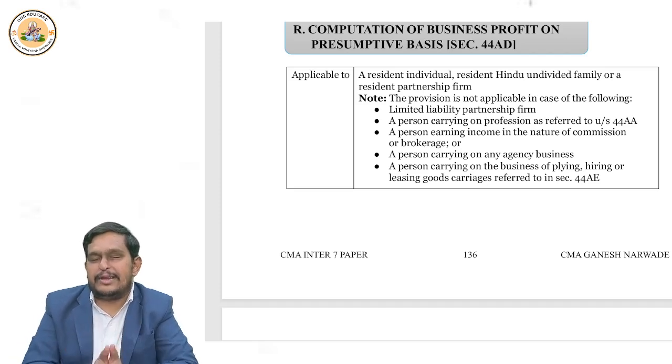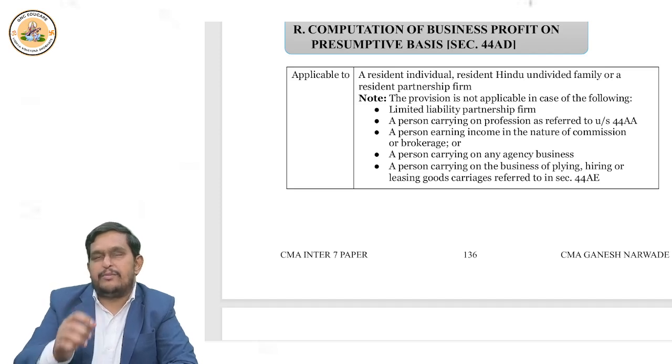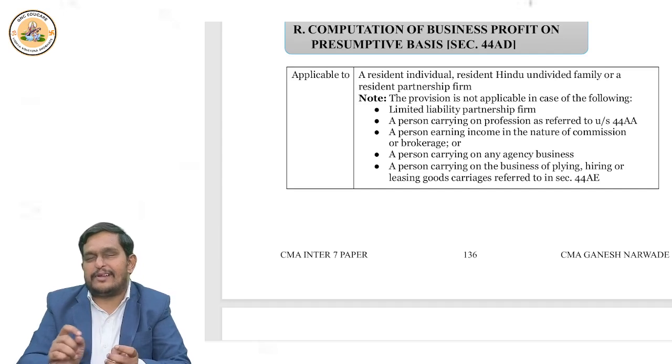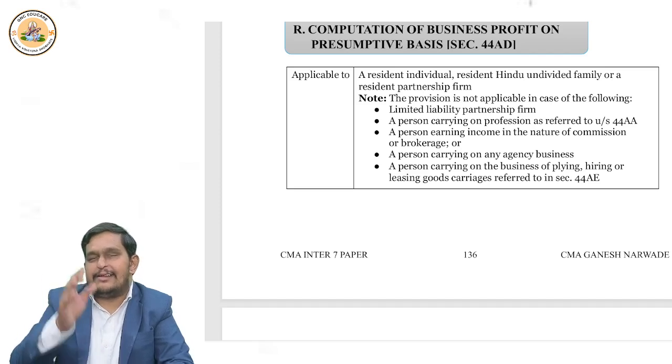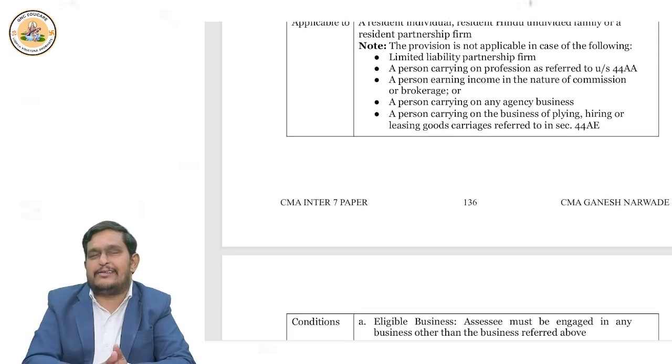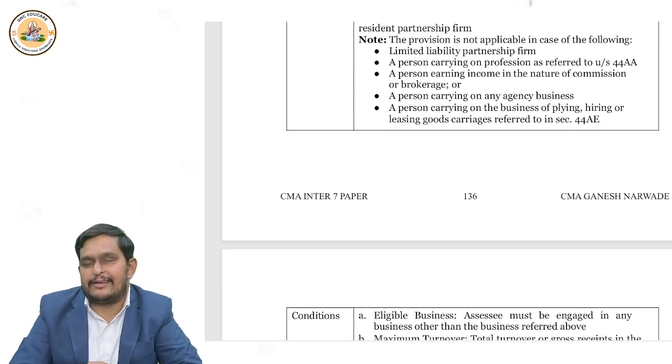Who are those 5? Limited liability partnership, businesses into agency business, people into commission and brokerage business, and specified professionals under section 44AA like film artists, architecture professionals, interior designers, engineering services, medical services, legal services. For these people, this section doesn't apply.